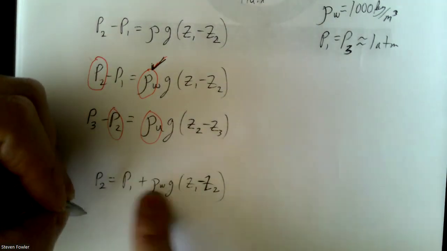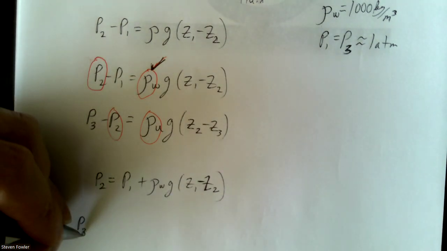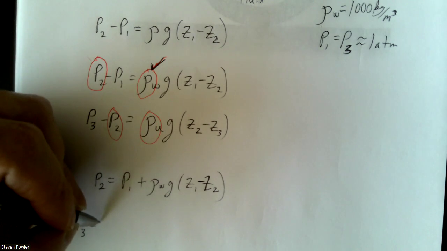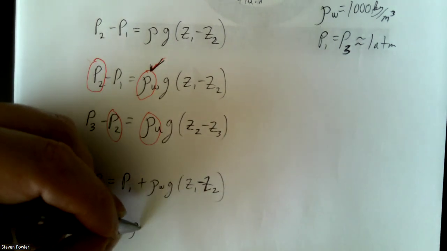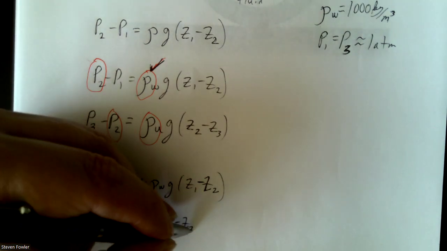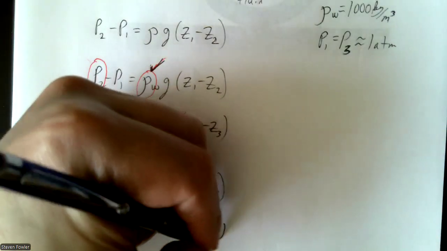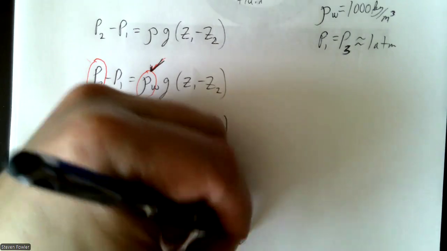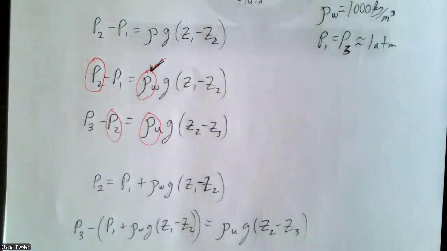In fact, I can plug this in right here. I can say P3 minus this quantity, P1 plus the density of water times gravity times Z1 minus Z2, is going to equal the unknown density times gravity times Z2 minus Z3.